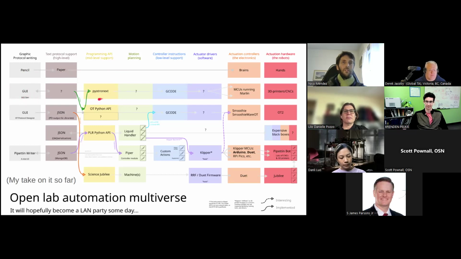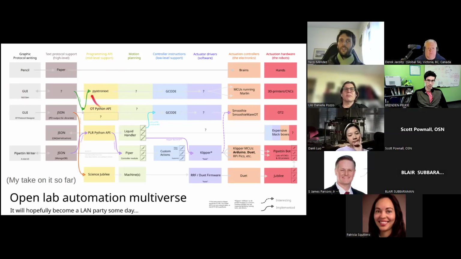Then there was the Python Next project, which has been developed by Deran Dere, with the idea of avoiding all of the OT2 stuff downstream of the API. So it's an OT API mimic, and to use open hardware with this.